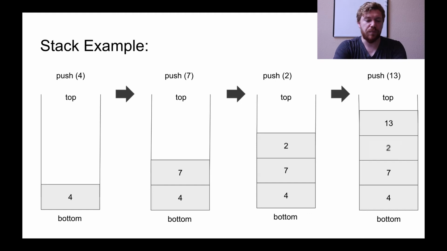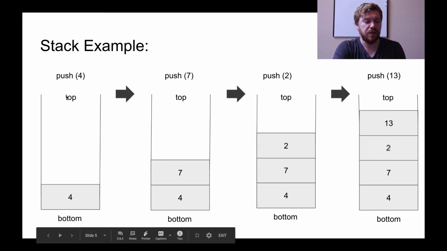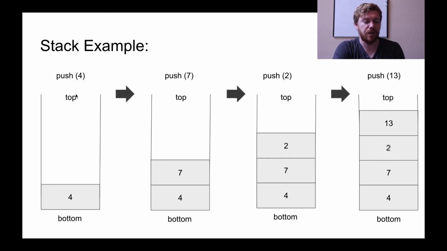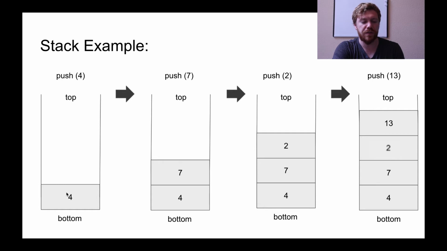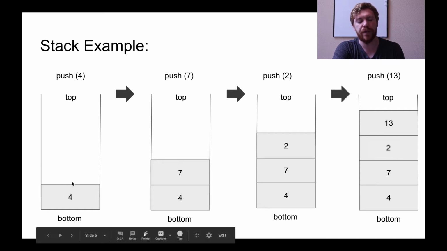So here's an example of the stack. Starting from left and then going to the right, you have a push operation. We're going to say our elements are just integers, and we're pushing the element 4. And so you can see the top of the stack, while I have it, all the way at the top here. Really, the 4 that we just pushed onto the stack is both the top and the bottom.